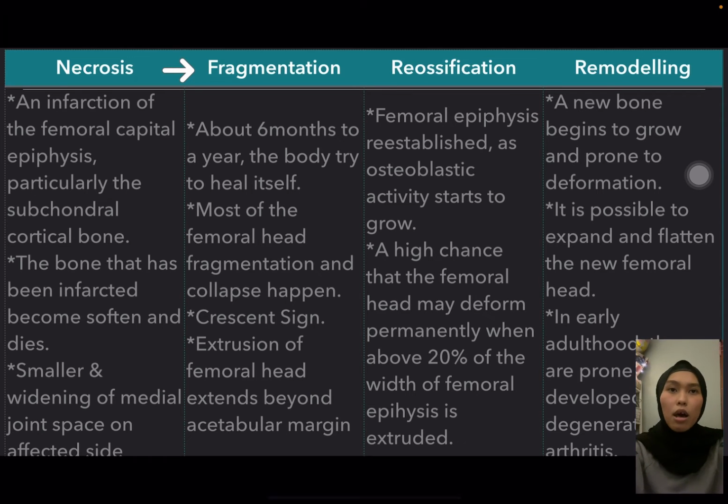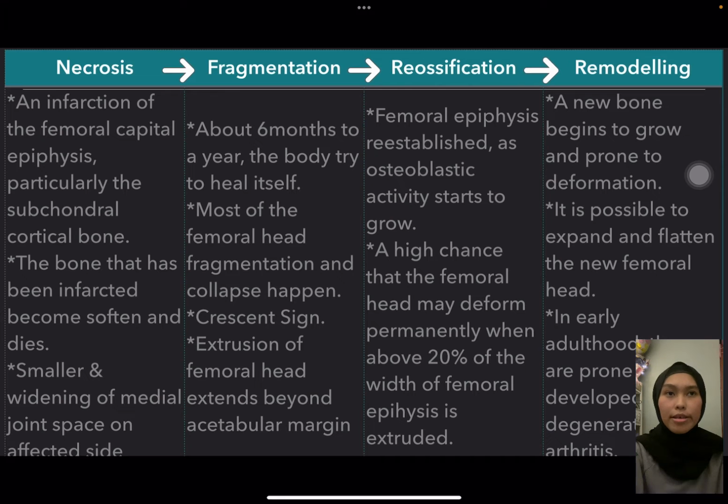Next, the reossification stage. In this stage, the femoral epiphysis will re-establish as osteoblastic activity starts to grow, and there is a high chance that the femoral head may deform permanently when more than 20% of the femoral epiphysis is extruded.